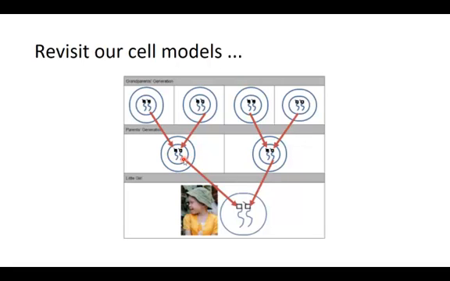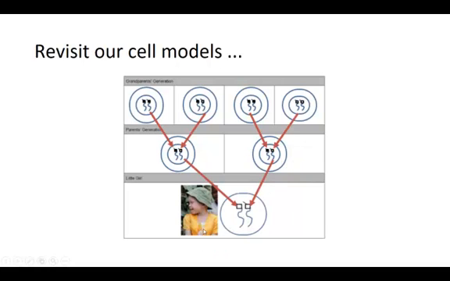So if each parent has a recessive allele and they pass it on to their offspring, then the child can have a trait that neither one of their parents have. So now today we're going to think about, okay, we know that this can happen, but how likely is it that something like this will happen?